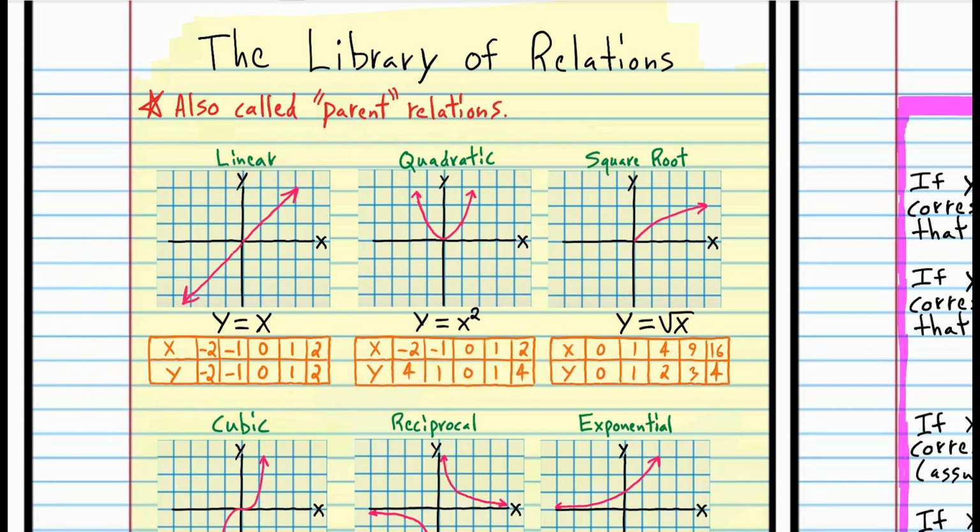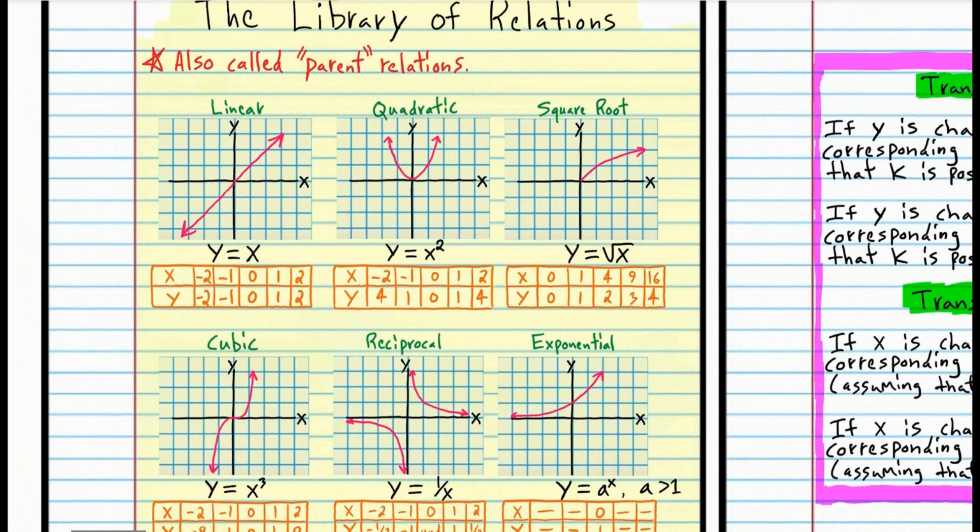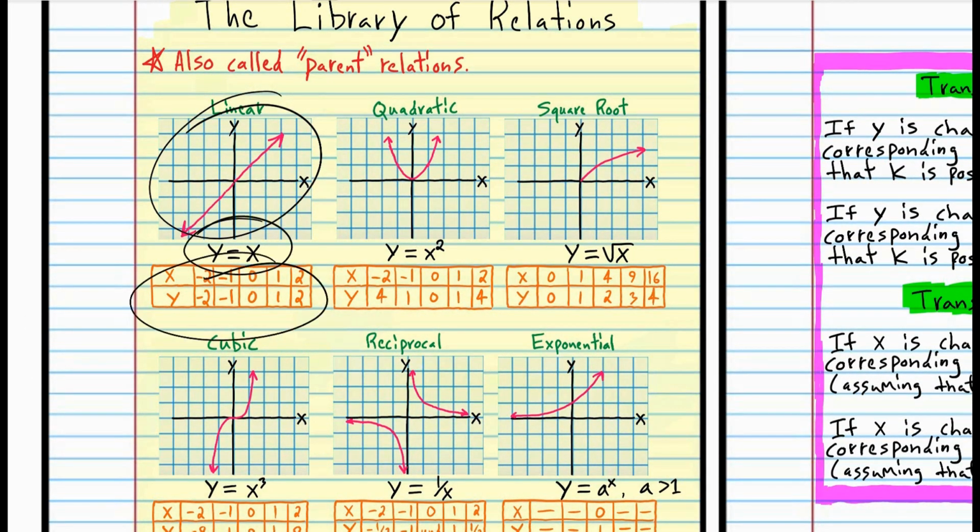Typically, you'll hear the library of relations referred to as the library of functions, which we're going to learn in subsequent classes. But we haven't learned functions yet in my curriculum, so we're just going to call these relations. And you see that we have the three ways to write these relations. We have graph form, equation form, and table form.